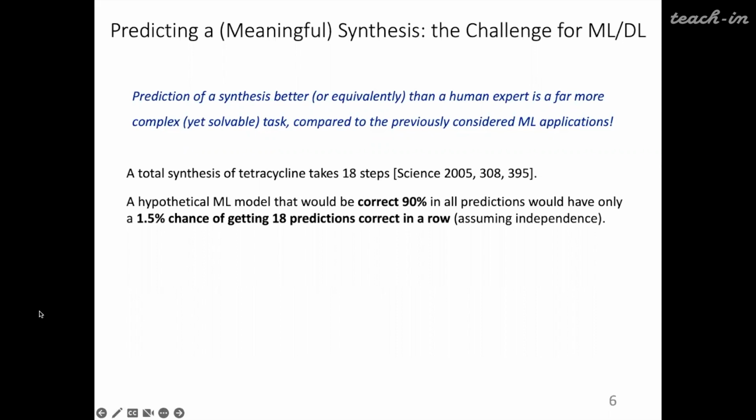After all, it has only a 1.5% chance of getting 18 predictions correct in a row, if we assume independence, of course. Having this in mind, we can conclude that synthesis prediction is a complex task both for humans and for machine learning models, yet it's now solvable.